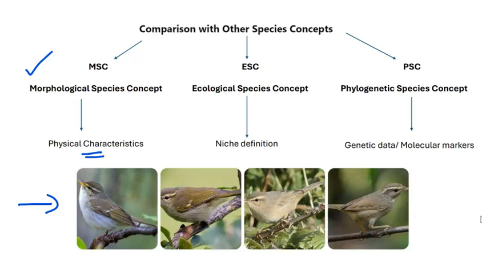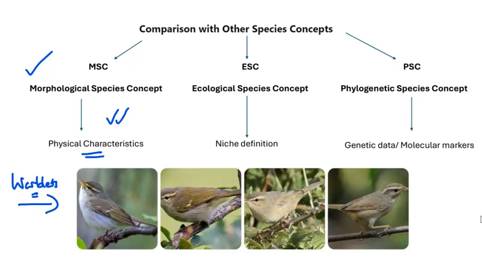These birds here are all members of a group known as the phylogenetic warblers. And whilst there are small physical differences between these birds, it's actually a challenge to the morphological species concept, as these differences are very, very difficult to observe and distinguish in the field.